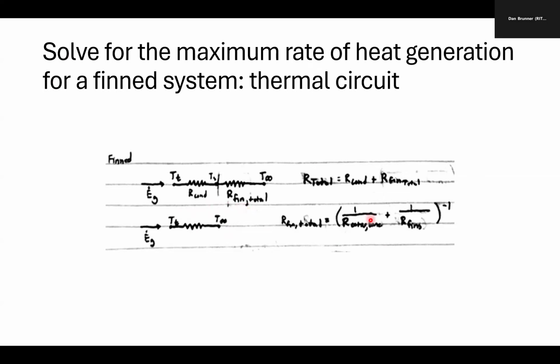And that fin total resistance is composed of a convection thermal resistance that occurs at the base of the fins or the surface of the silicon carbide layer. And then we also have the thermal resistance of the fins themselves. And so since those two resistances are in parallel, we have to add them as such.